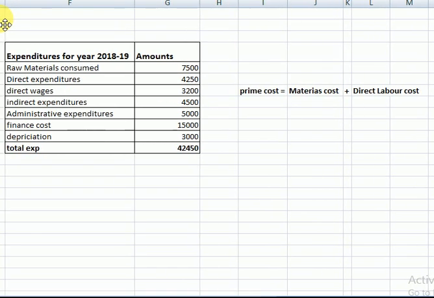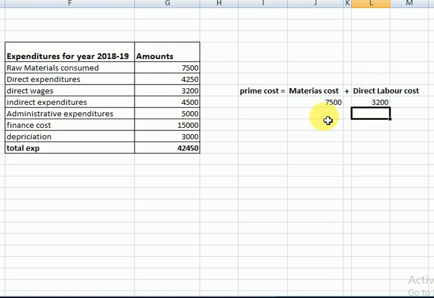Now from this data we will take how much is the material cost. The raw material consumed is 7,500, and our direct labor cost, how much? Direct wages or direct labor. Instead of labor we can also write wages. So direct labor, dear students, according to the given data, is 3,200.